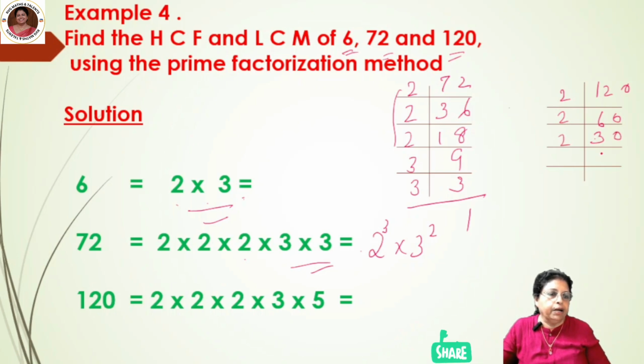It is divided by 2, it is 15. It is divided by 3, you will get 5. Okay. Then here 2 times 2 times 2. Then 3 times 5. So this is 2 cube 3 times 5.